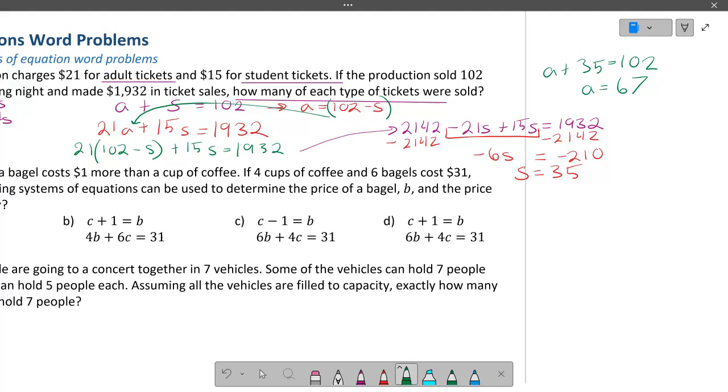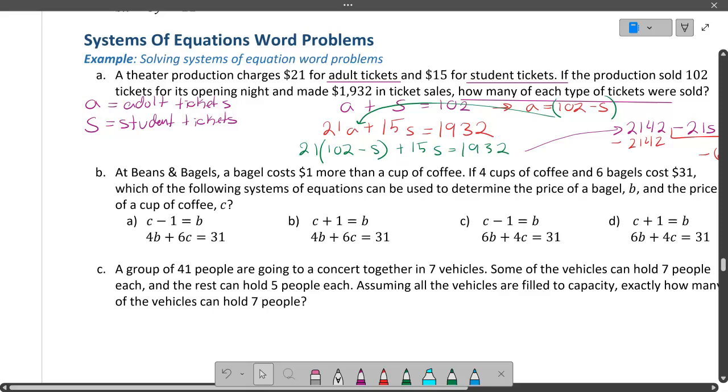Now, be very, very careful. We used variables that kind of made sense for what we were talking about: A for adults, S for students. Okay, those variables make sense. But if you're using generic ones like X and Y, make sure you identify and define what each variable represents.